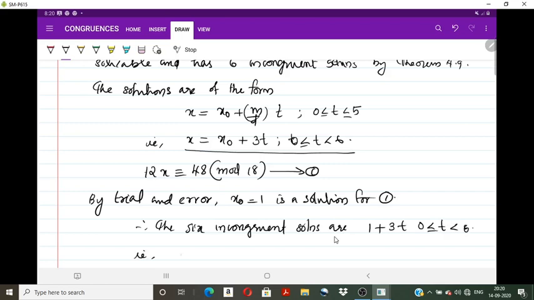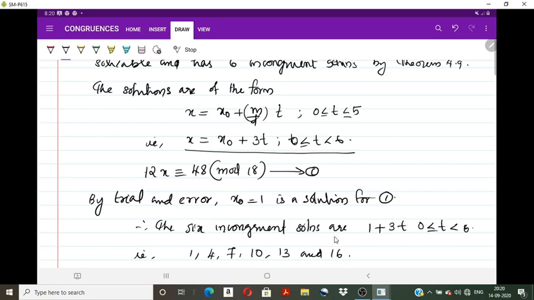That is 1, 1 plus 3 into 1, that is 4, then plus 3, it is 7, 10, 13 and 16.